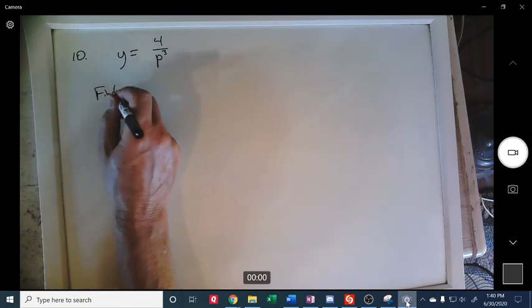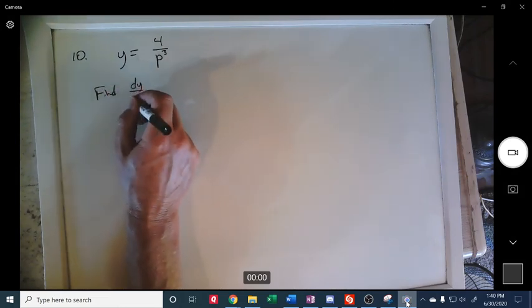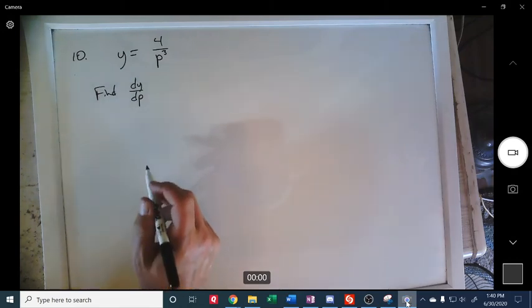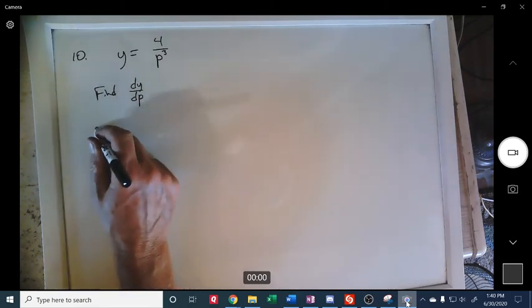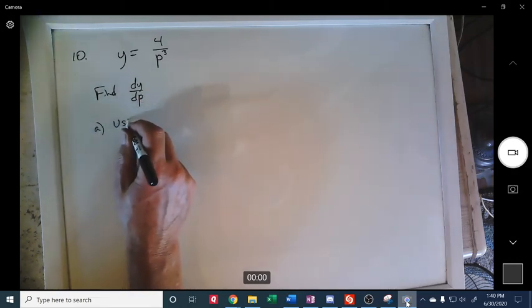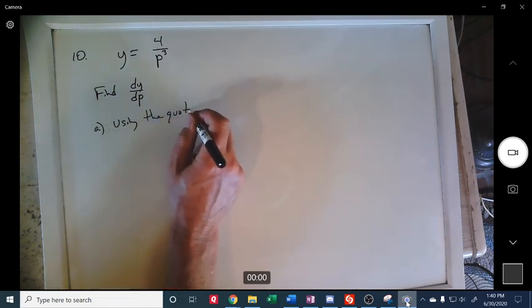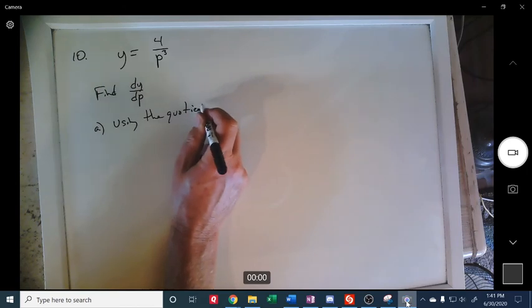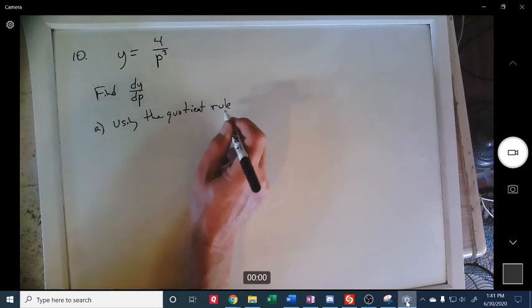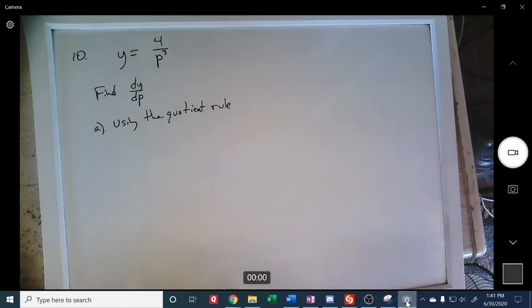Find dy dp using the quotient rule. Alright, so everybody go ahead and do this one. I'll give you just a minute and then I'm going to put up the answer.